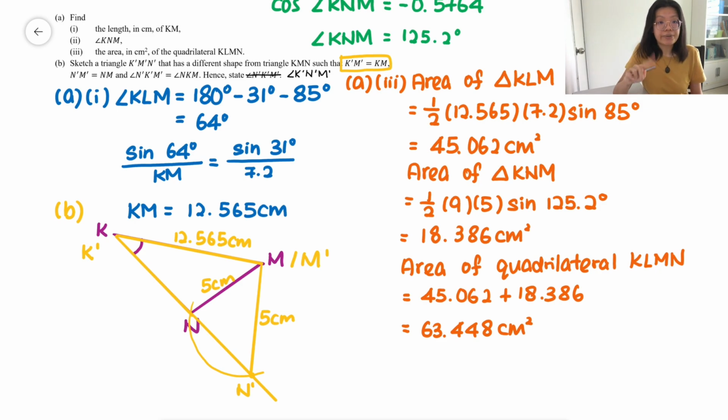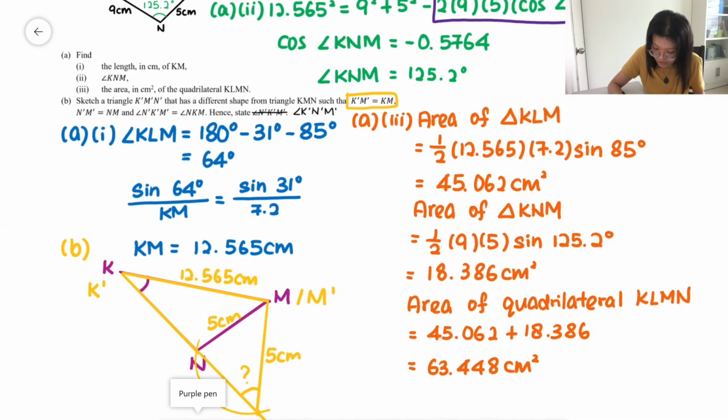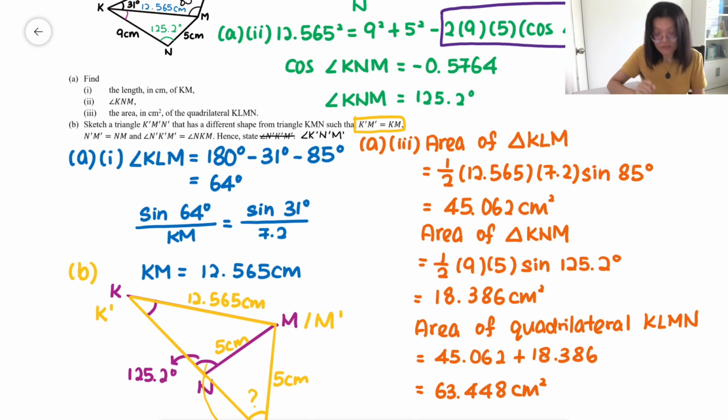Hence, state the angle K prime N prime M prime. I want to know this angle. Checking back to my original question, I know that the angle KNM equals 125.2 degrees.